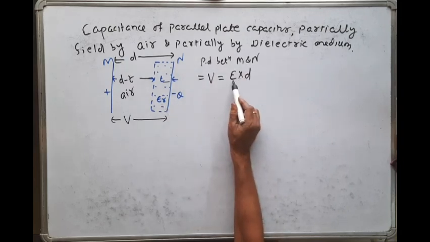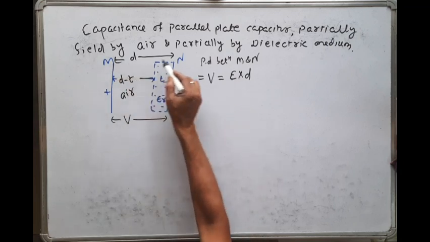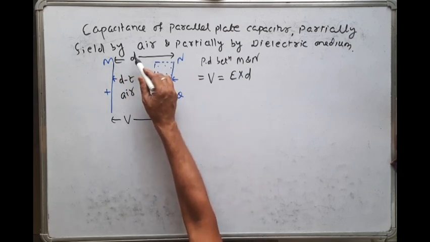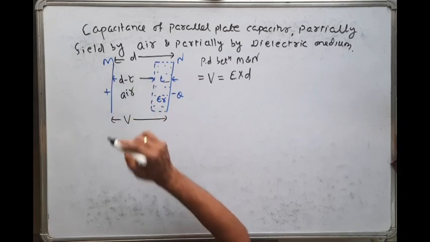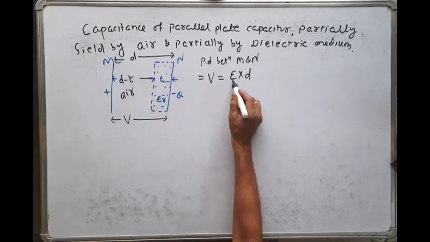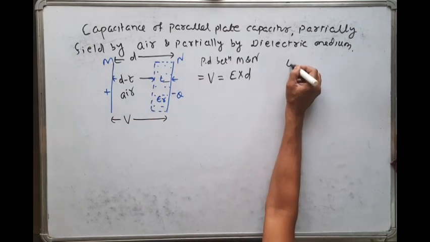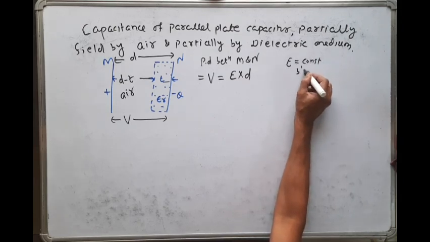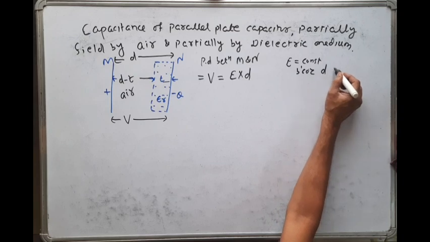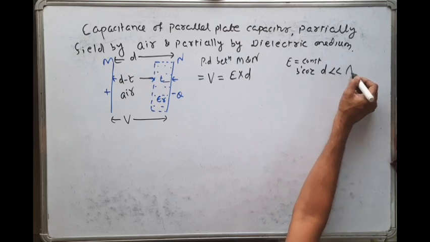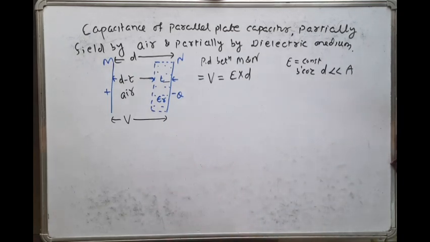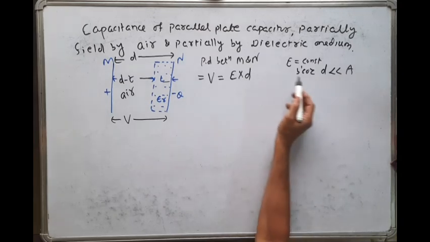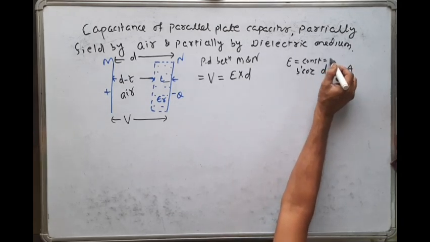Remember, this E is a uniform electric field because we are assuming the thickness between the two plates is very small compared to the area of the plate. In that case, we can assume E is constant or uniform.